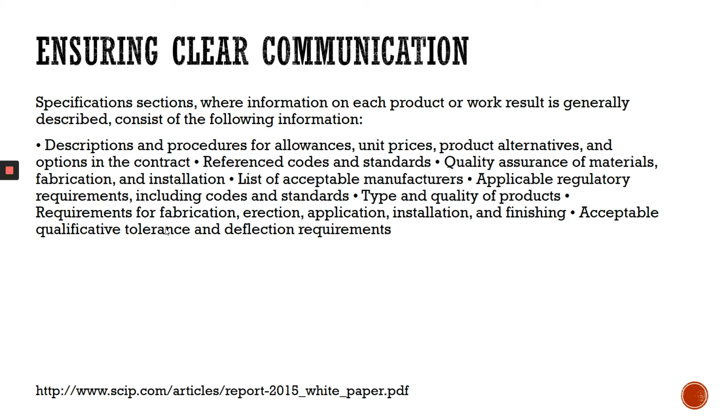Applicable regulatory requirements including codes and standards. There are areas where there are certain requirements and standards that you have to follow. Maybe the KLIA area, around that area, zone 1, zone 2, zone 3.